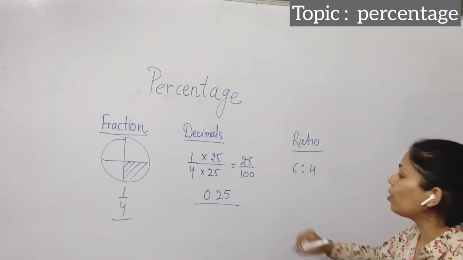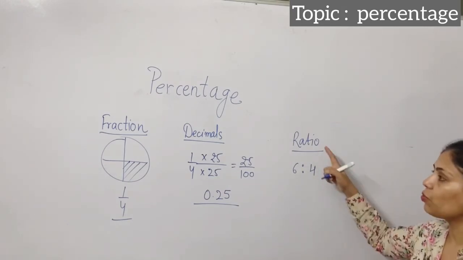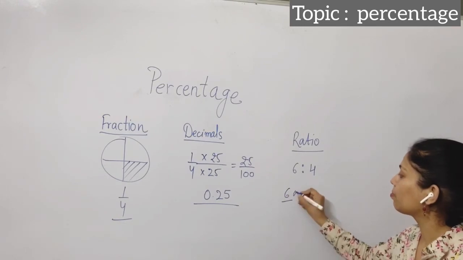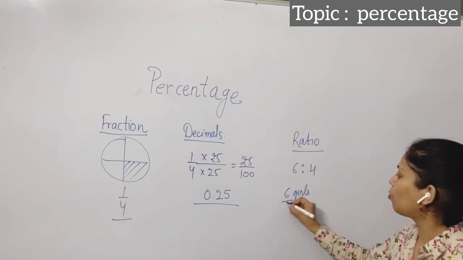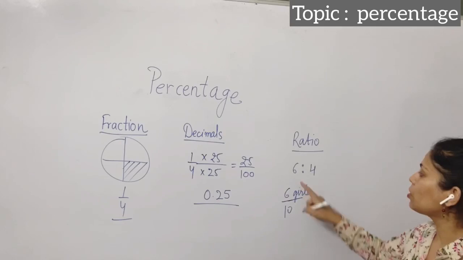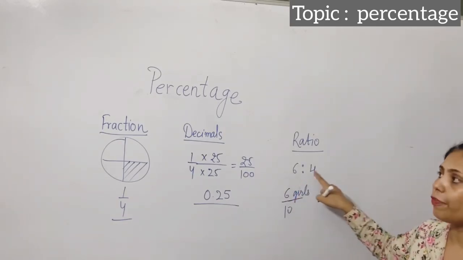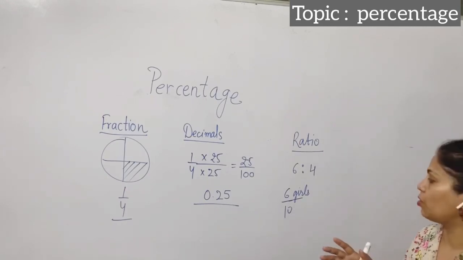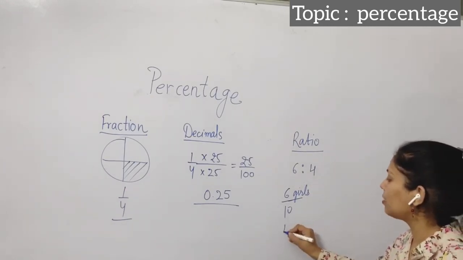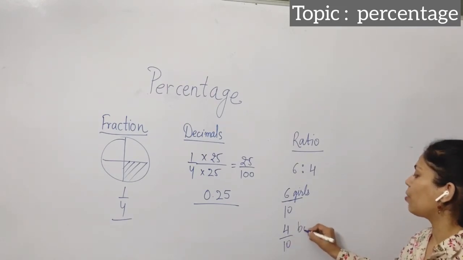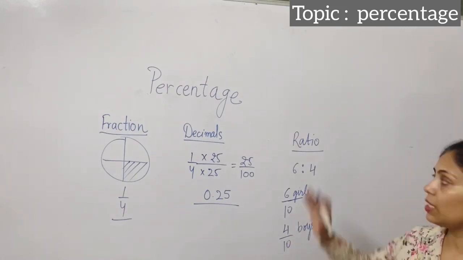If we want to write it in the form of a fraction, then we will write 6 girls out of 10, because the whole is 6 plus 4. 6 girls and 4 boys and 10 are the total students. And if we want to represent the number of boys, then 4 out of 10 are boys. Right? So this is the ratio.